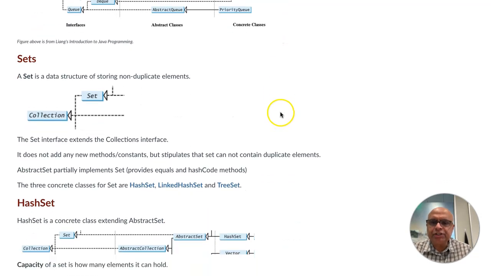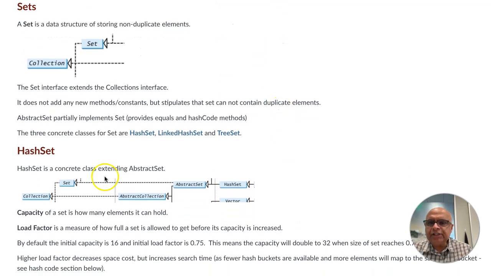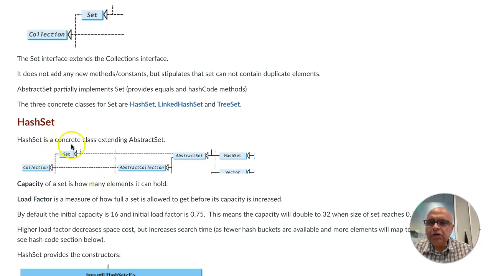So let's start with HashSet, right? So a HashSet is a concrete class extending abstract set. So we just looked at that, and you have collection, which is the root interface. It goes to set, which is still an interface, and then you go to abstract set, which is an abstract class, and then you go to HashSet, which is a concrete class, provides a full implementation that can be used.